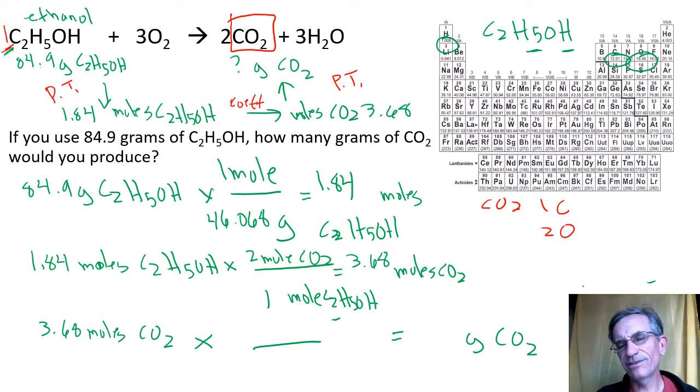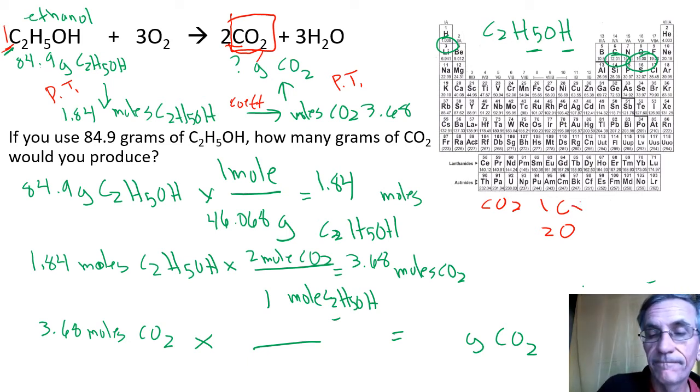What sometimes people do, and it's not right, is add up 2 carbons and 4 oxygens because of that coefficient. So for adding up weights off the periodic table, ignore the coefficients. We already used the coefficient in the last step. When I say add up the numbers off the periodic table to get from moles back to grams, just look at the formula, CO2.